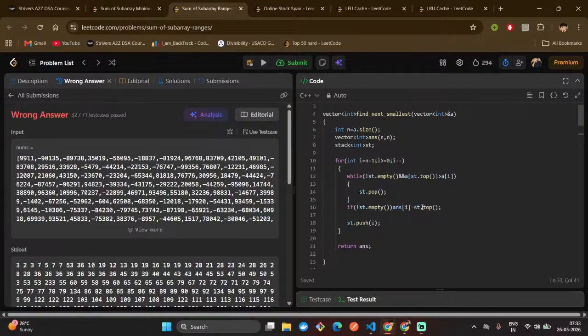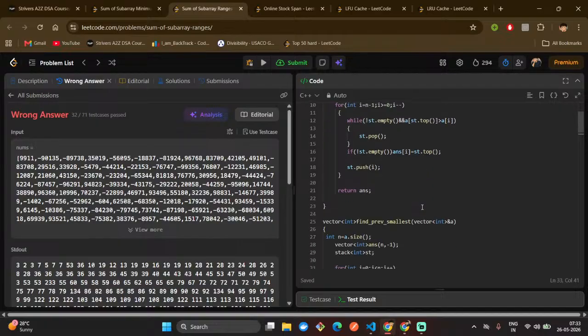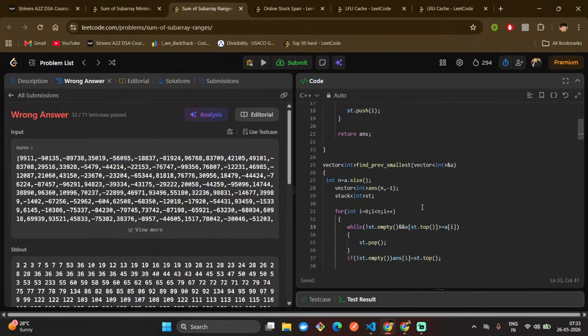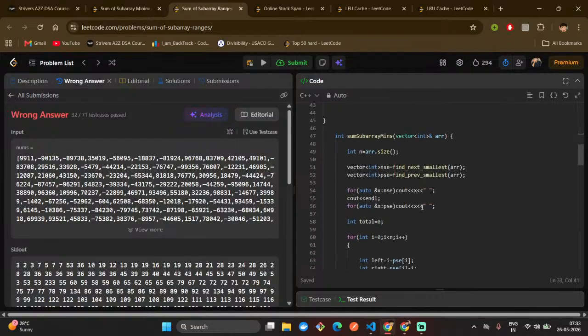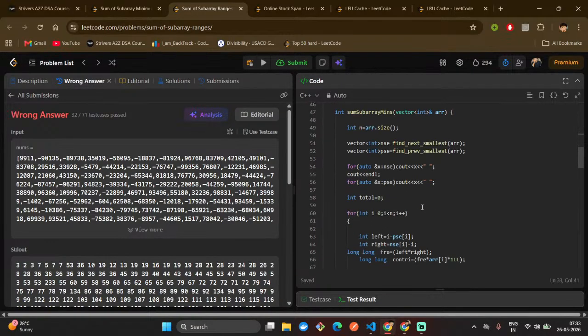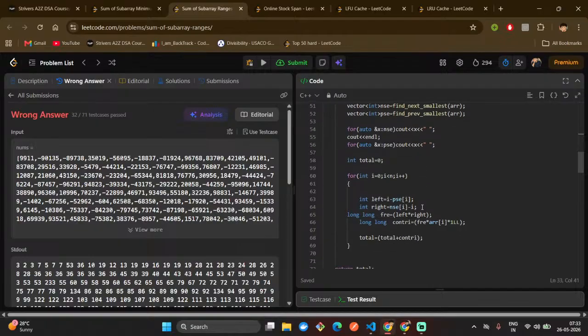Find the next smallest element. Okay. Find the next smallest element. Solve it.